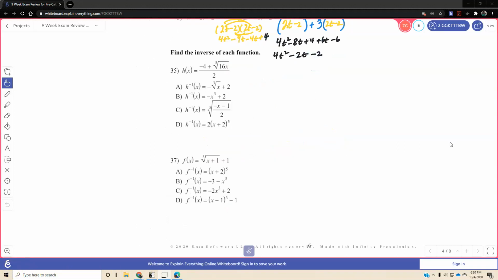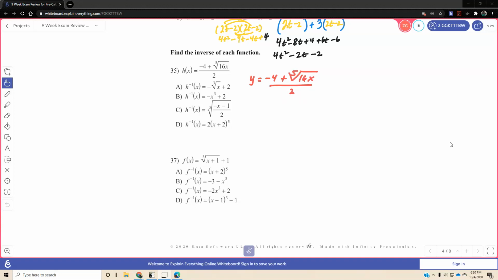Number 35, we're finding the inverse of each function, and you have y equals negative 4 plus the fifth root of 16x over 2.